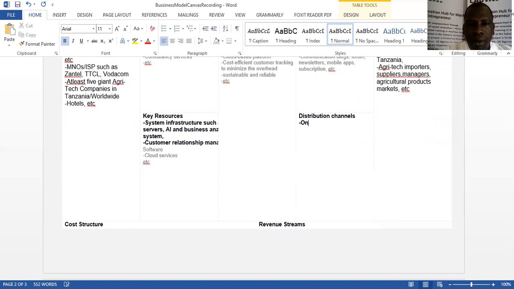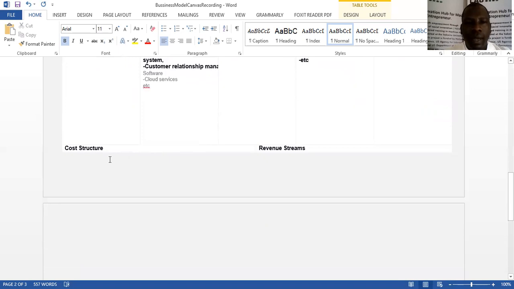We will do the online transaction, and also you could think about online service delivery, and others. So you can identify as many as possible based on your business.